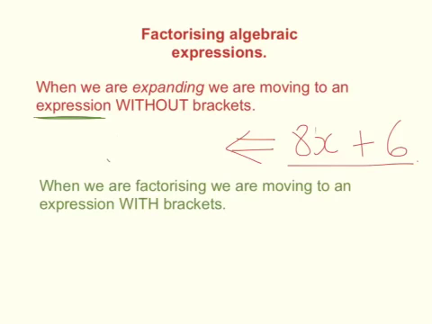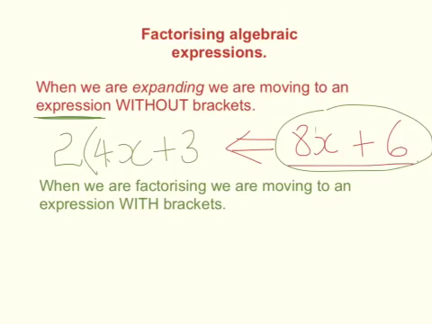Okay, so now we're talking about factorising. This means we're moving from an expression that looks like this to an expression that looks like this, where we pull the 2 out, the highest common factor, and move to 2 times 4x plus 3. Okay, that's where we're going today.